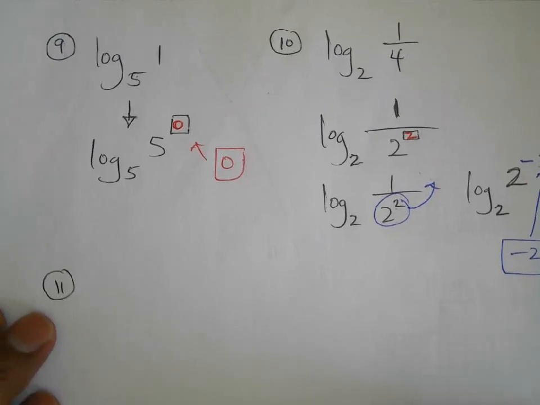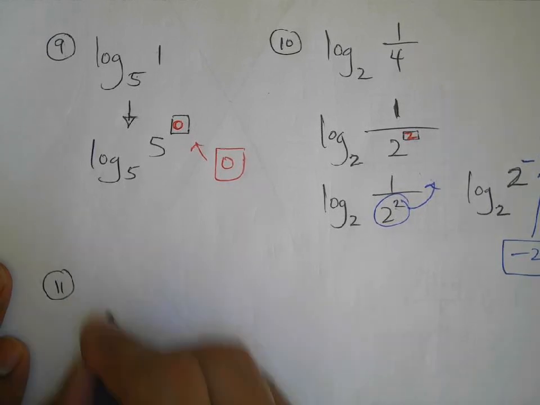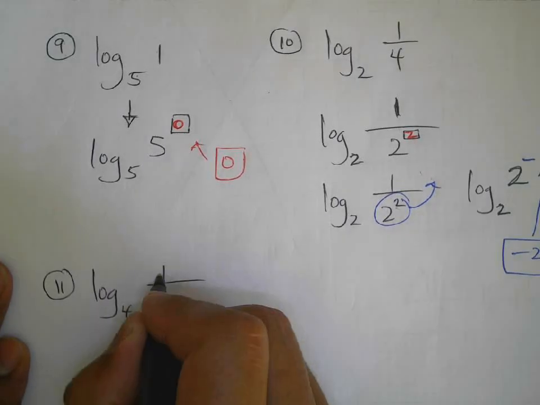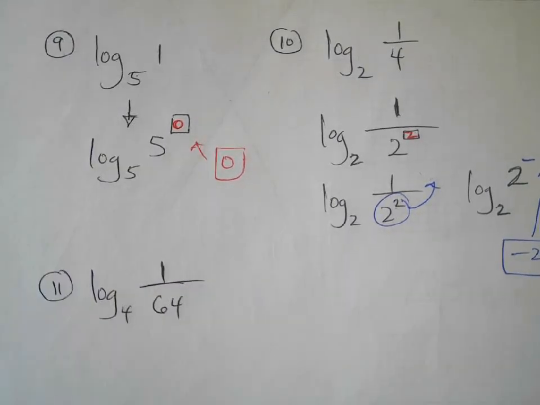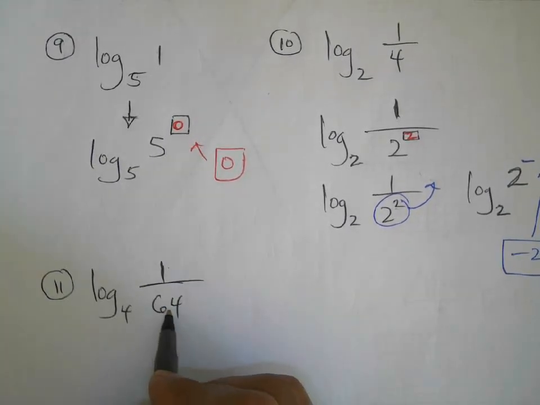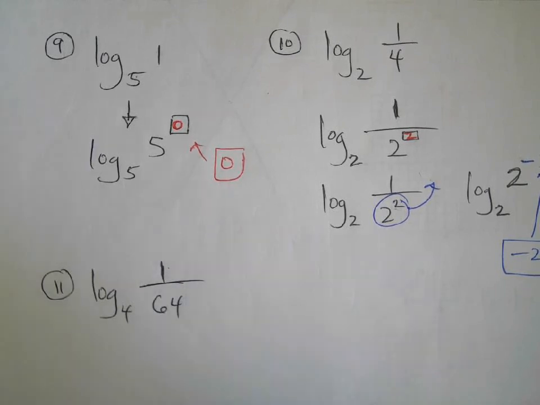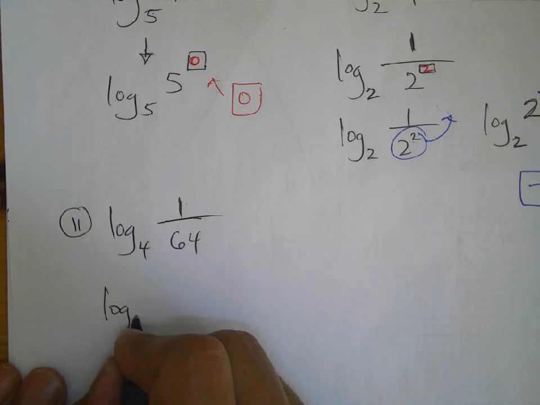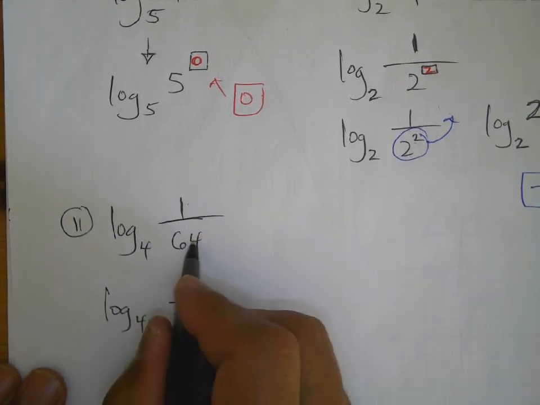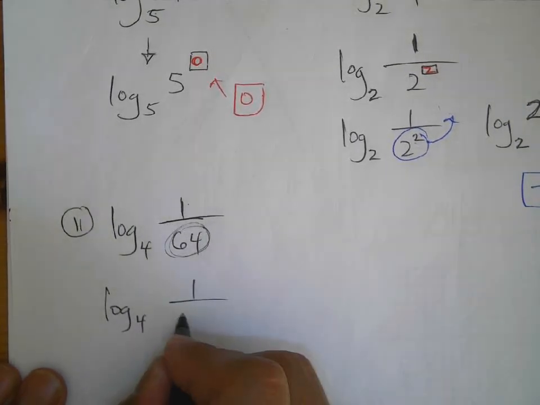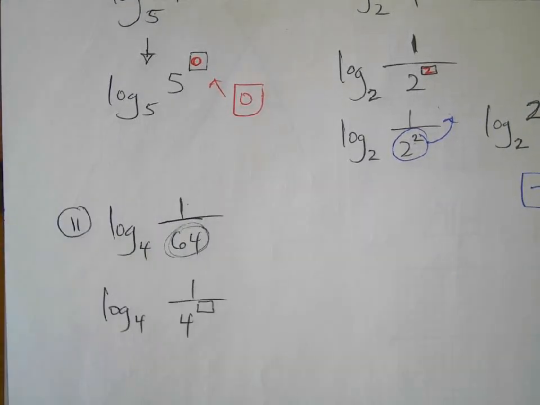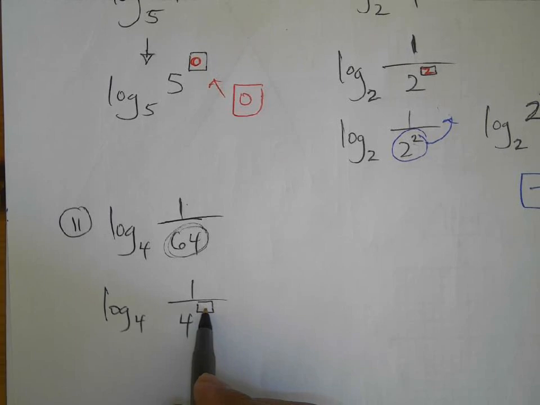Okay. Log base 4 of 1 over 64. Leave the 1, you just work with this. We'll move it up after. So it'll be log base 4 of 1 over, the question is, how do I write 64 with a base of 4? What power is it going to be? 4 to the power of 1 is 4?